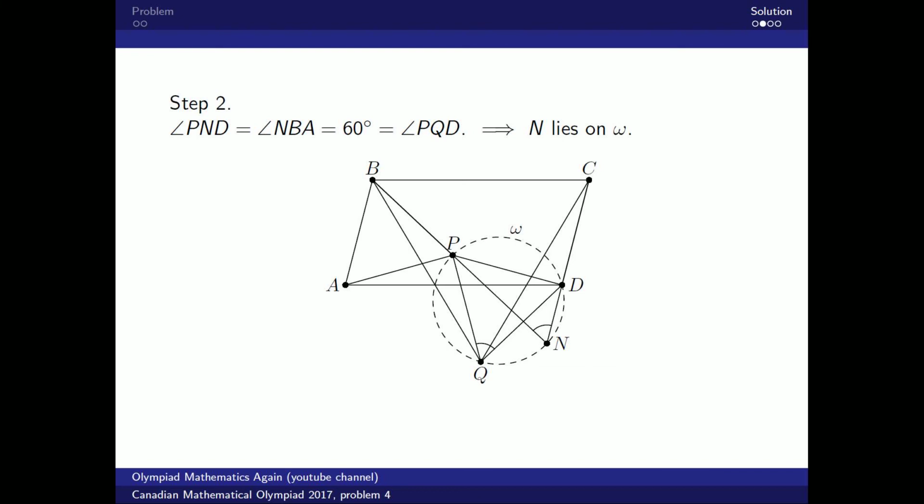So in this step we proved that these two additional points that we introduced, K and N, lie on circle omega, the circumcircle of triangle PDQ, which is, by the way, an equilateral triangle, which we proved in step 1. So this concludes step 2 of the solution.